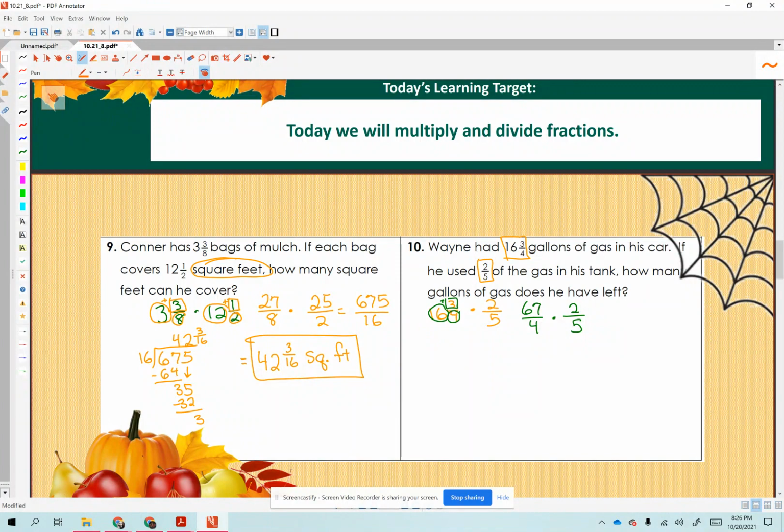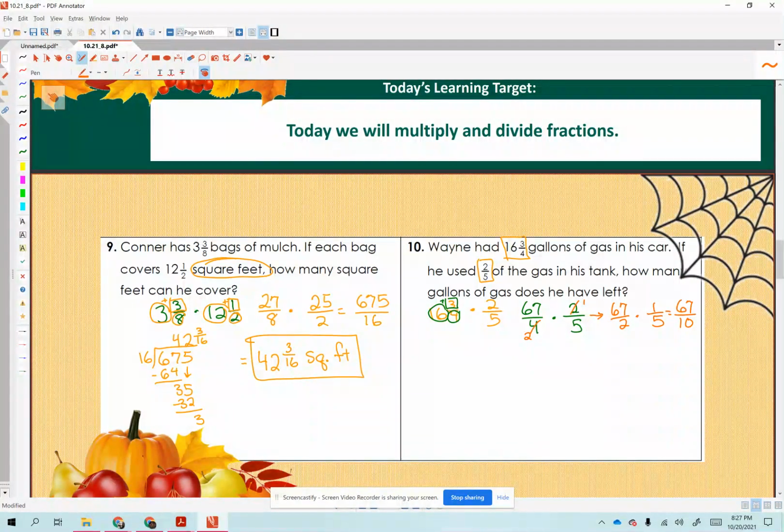So we can't do anything with that, but the 2 and the 4, we know 2 is a factor of 4. So 2 divided by 2 is 1, 4 divided by 2 is 2, and we can rewrite this problem as 67 over 2 times 1/5. And when we multiply those across, we have 67/10.